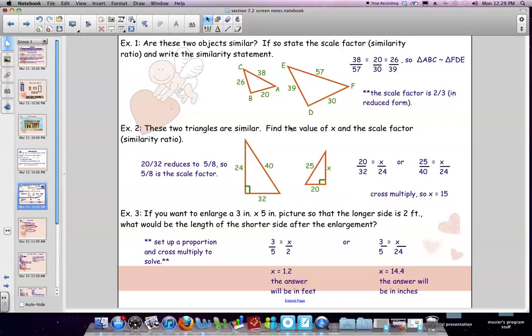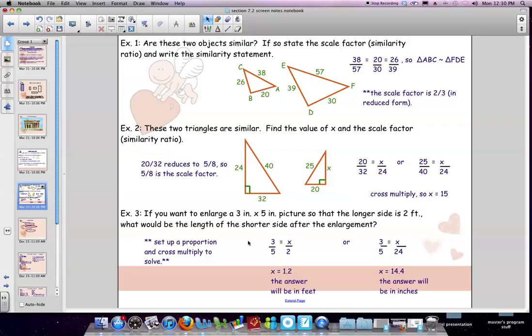It was given to me that they were similar, so I know that the ratios have to be the same. And from there, I cross multiply. Take 20 times 24 and x times 32. When I divide that by 32, I get 15. You can check by using 25 over 40 as a ratio and setting up the exact same thing, and then take 25 times 24, divide it by 40, and you should still get 15. So the missing value here would be 15.